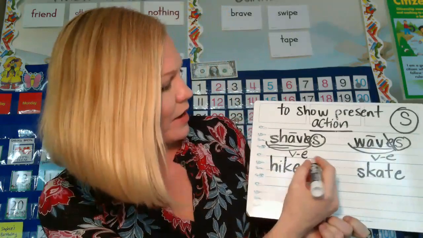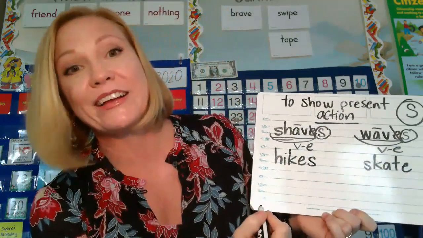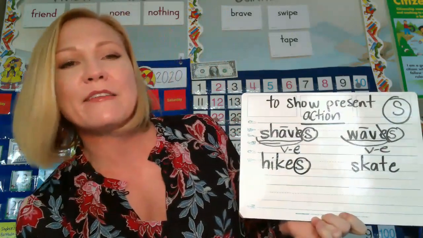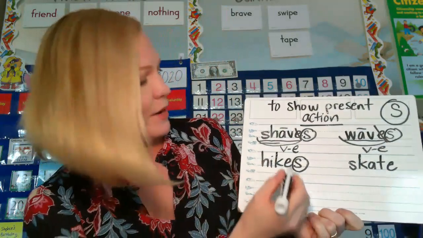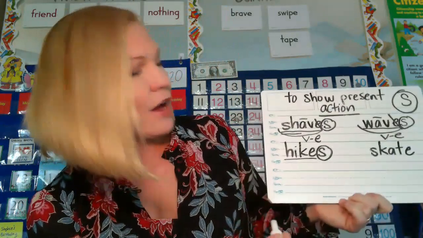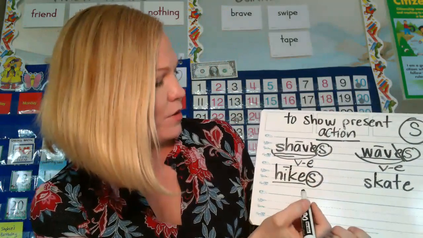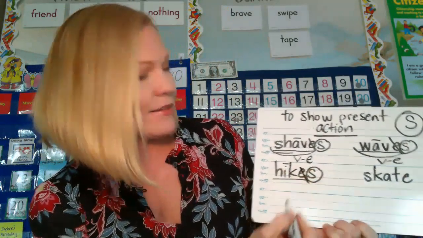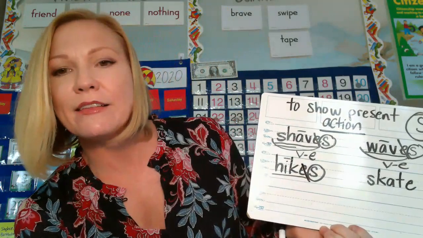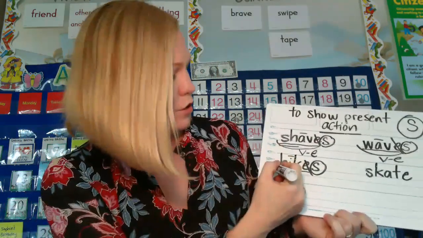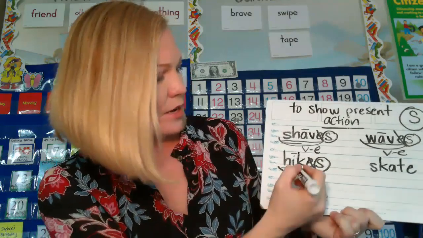So let's put an S to show it's happening right now. Hikes. I'm always going to circle that S because I'm showing that's a suffix. It's been added to the end. Underline the word to show the base word. Check those vowels. I gets a macron, the E gets a slash, and hike is one syllable. Swoop it, leave the S out, V-E.